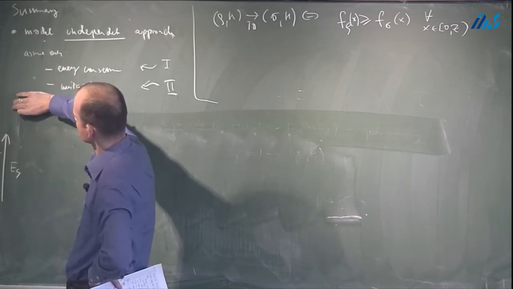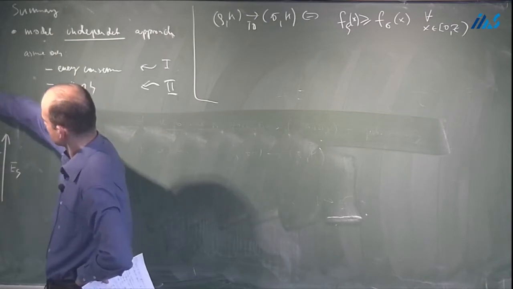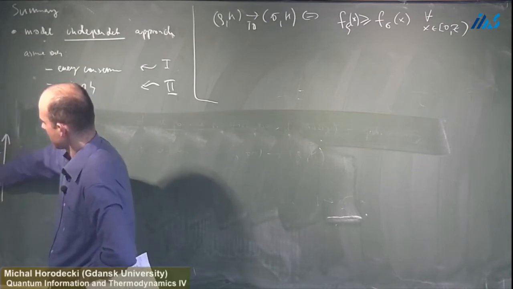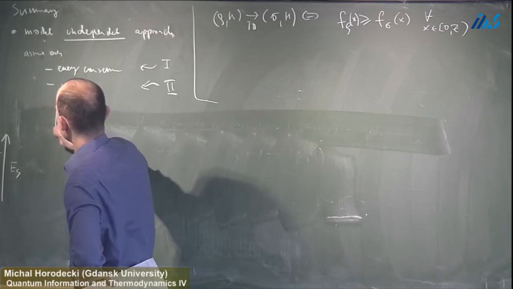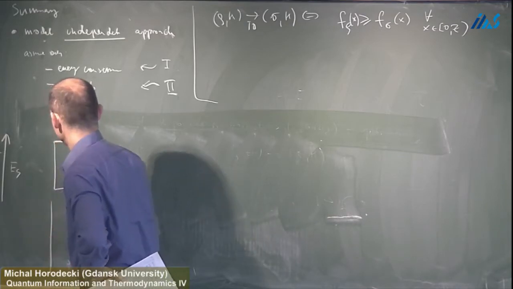Here I had large energy of system and smaller, and here I had small energy of reservoir and larger. So I picture it in this way.